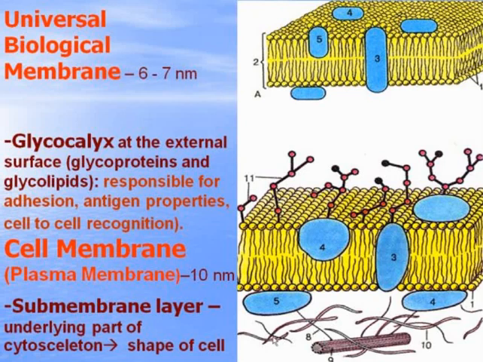It consists of microfilaments, usually actin microfilaments, and microtubules. This submembrane layer provides the shape of the cell and its movement, as well as exocytosis and endocytosis.